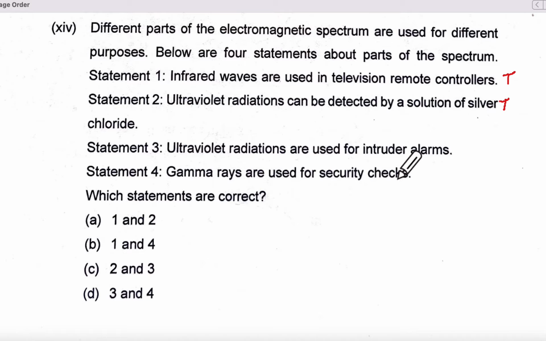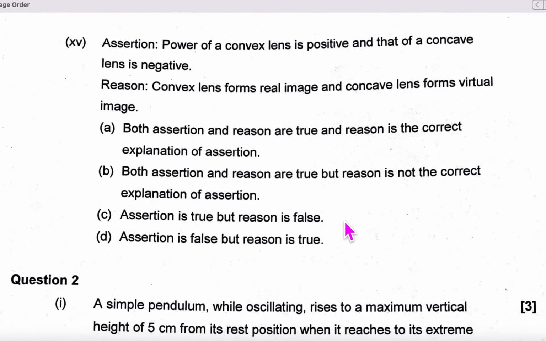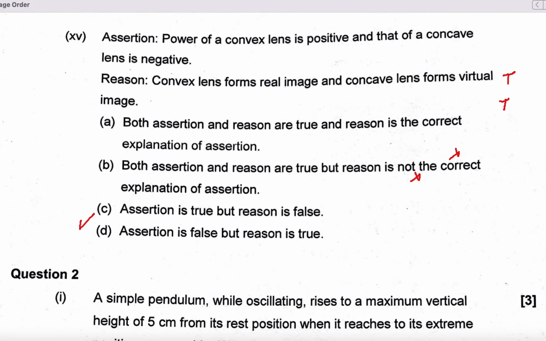And for security checks are X-rays, not gamma rays. Correct or no? Yes. No. Okay, so this is also wrong, and intruder alarm, this is also wrong. So which are the correct, 1 and 2? So you can see what kind of questions are being asked.